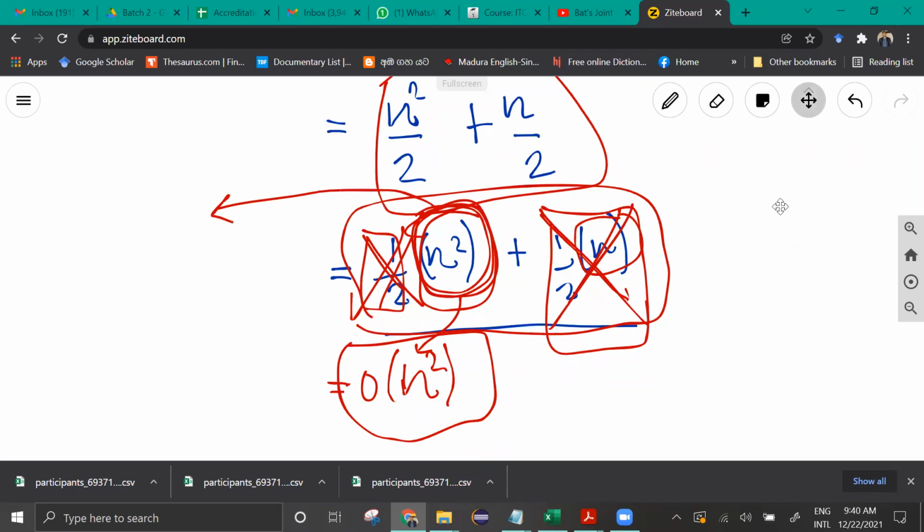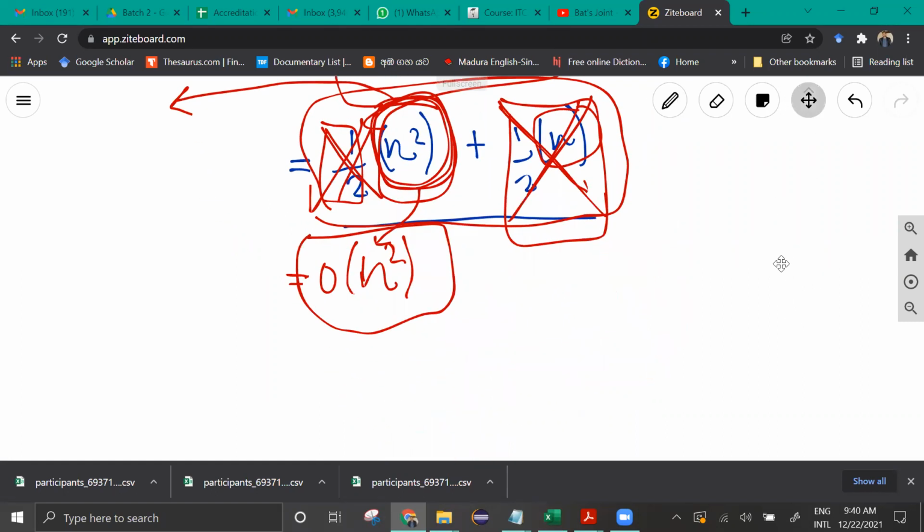So remember again, big O value is not the exact value or exact time it takes. It is a rough estimation, and it is just a representation of our function or our algorithm.